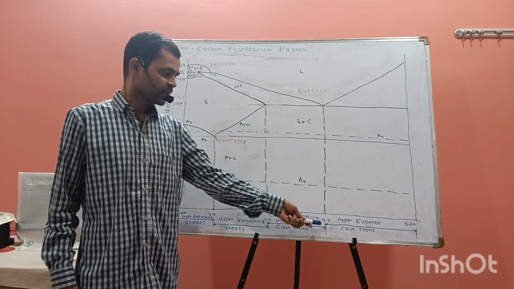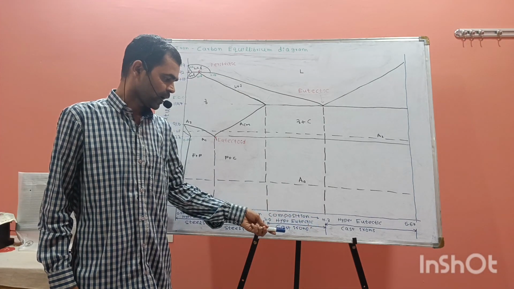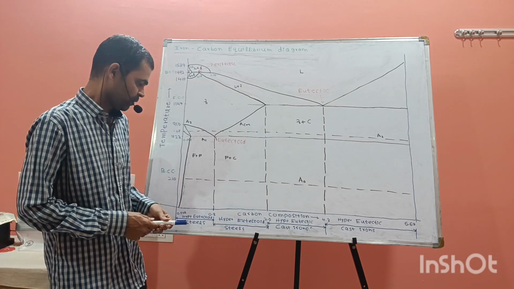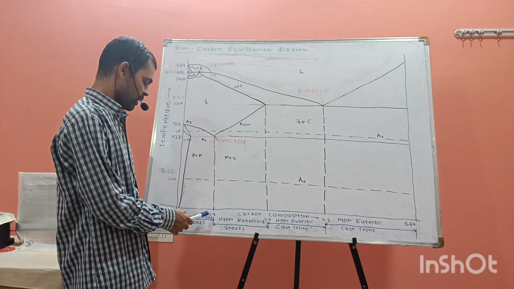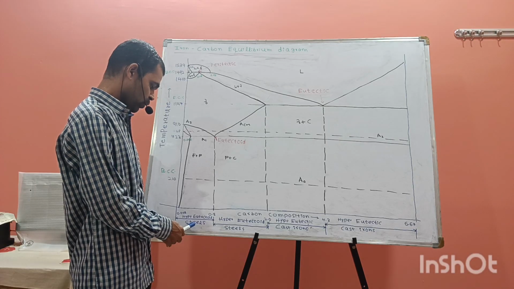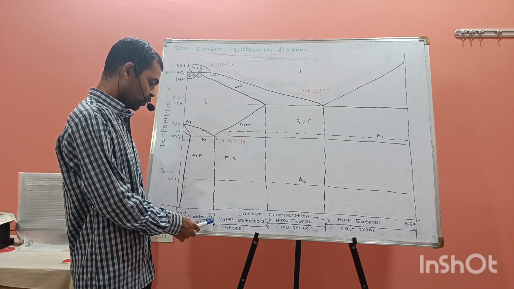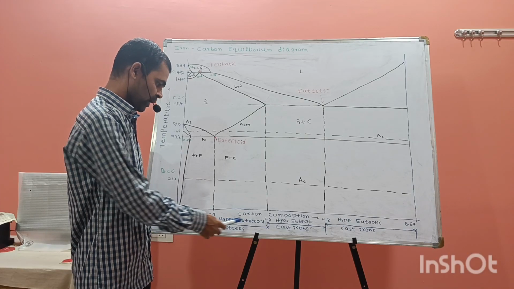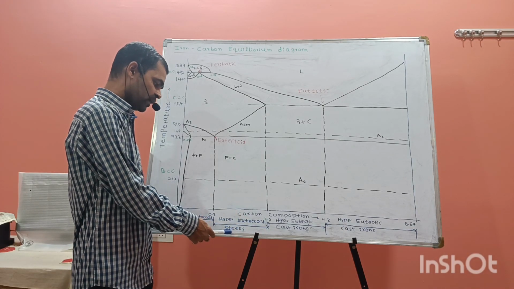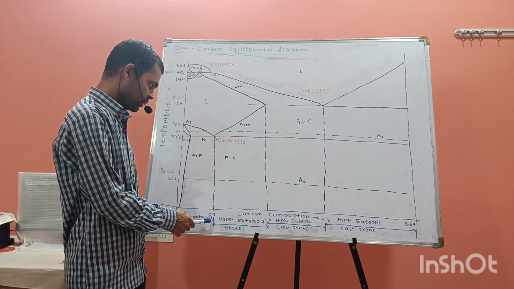When it is less than 4.3 percent, they are called hypo-eutectic cast irons. When the carbon percentage is less than 0.8, it is called hypo-eutectoid steel. When it is more than 0.8 percent and less than 2.0 percent, they are called hyper-eutectoid steels.